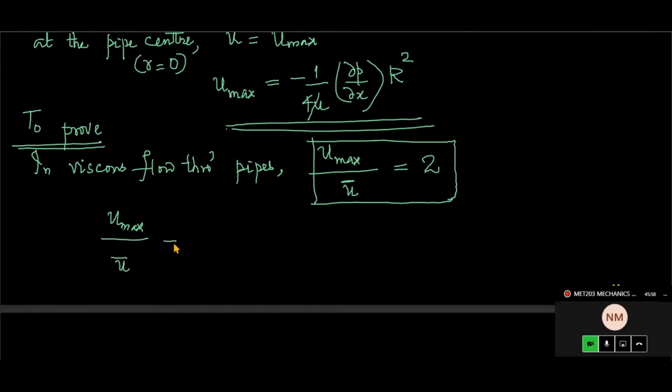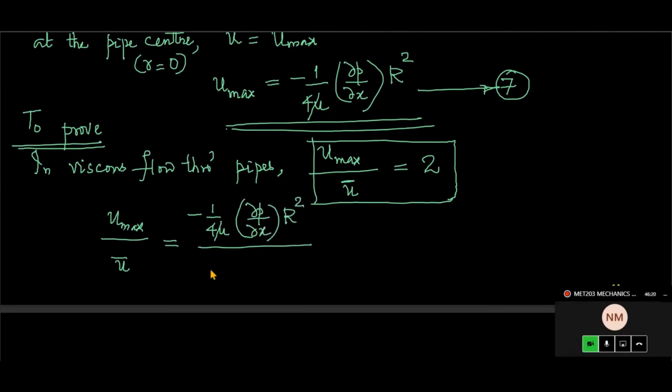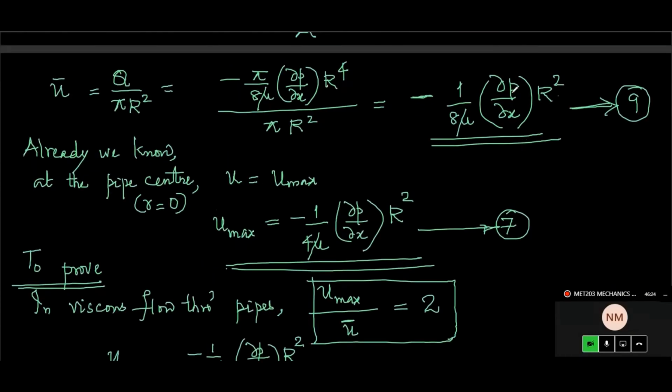So what is that expression? U max is equal to minus 1 by 4 mu. This expression is actually equation number 7. We denoted this expression as equation number 7. Okay, so minus 1 by 4 mu dou P by dou X into capital R square, then divided by the average velocity we just obtained by equation number 9. See this one, U bar.